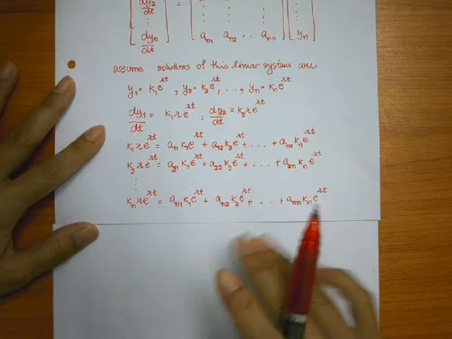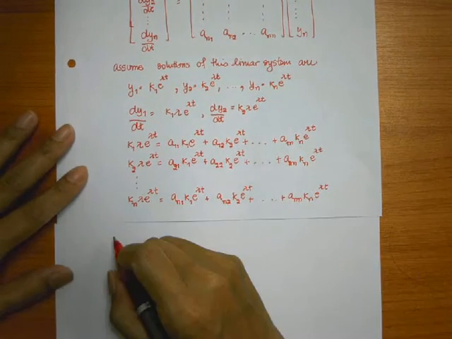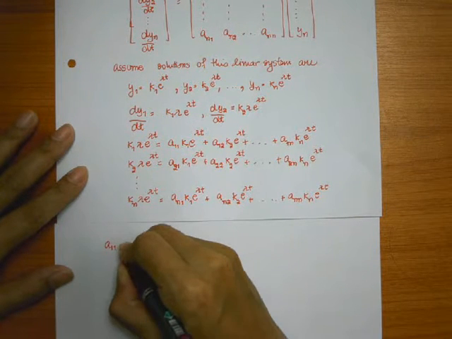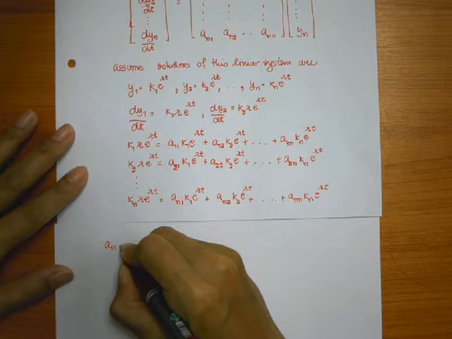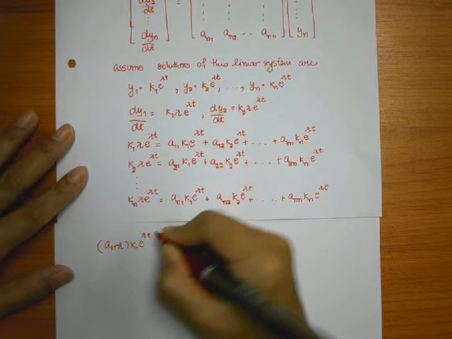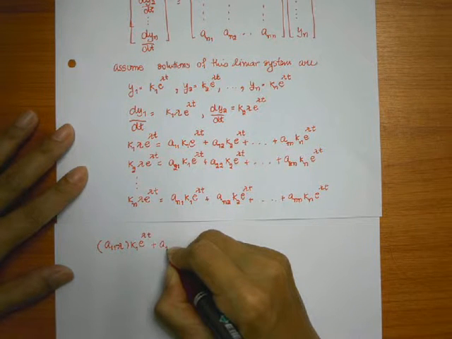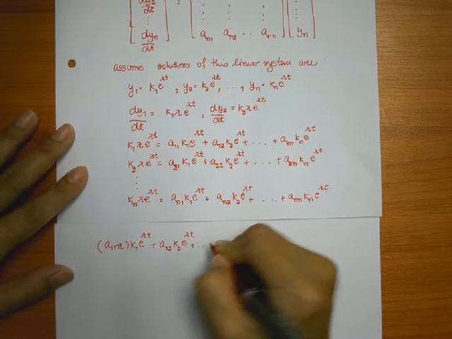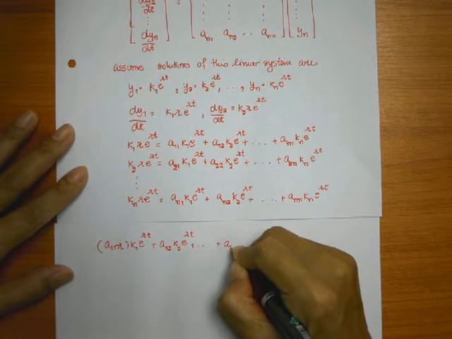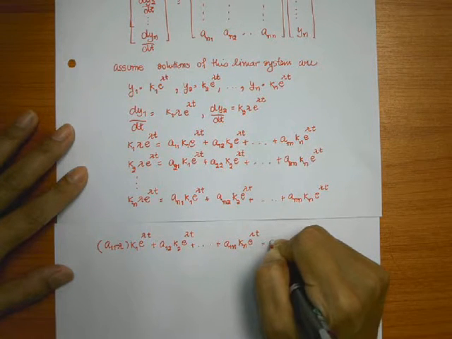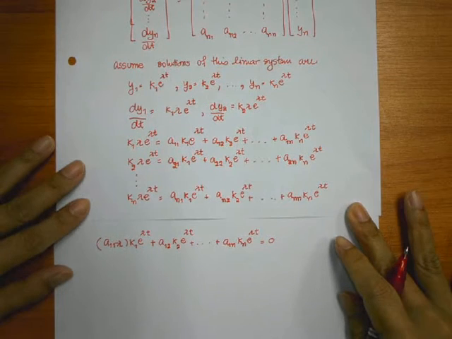Okay, so I move this one over there, and I would get a11 minus lambda times k1 plus up to a1n kn equal to 0. Right? This is our first equation.